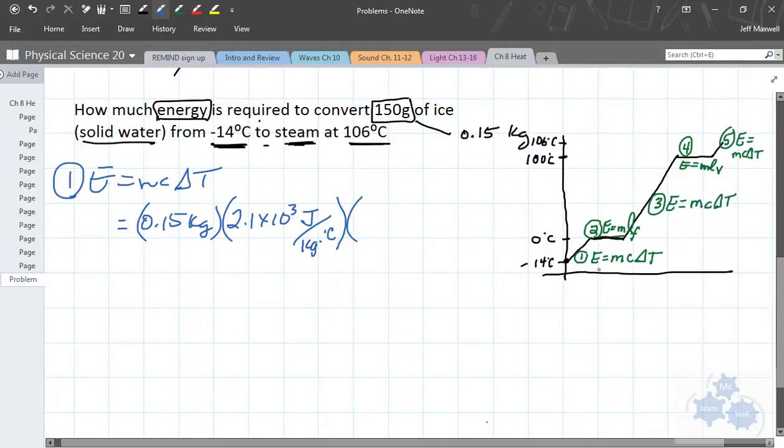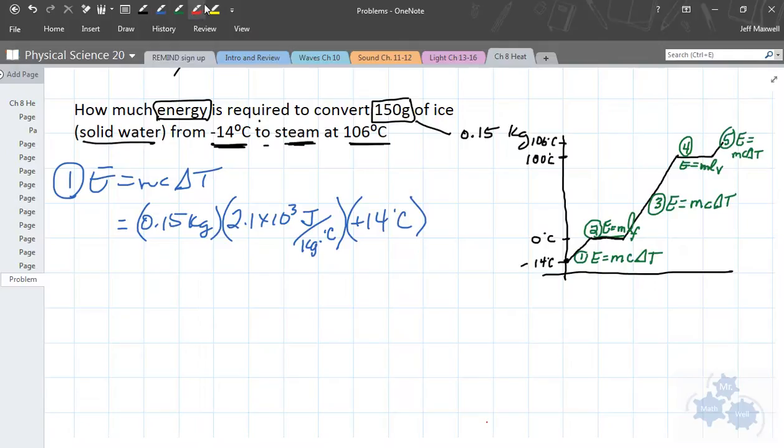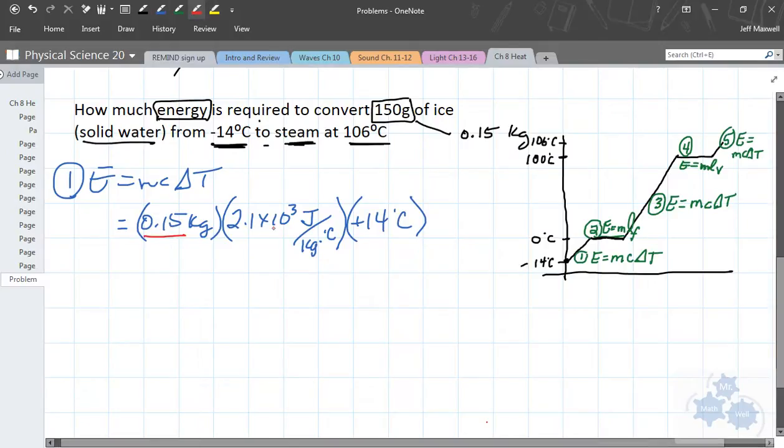And what's the temperature change here? 14 to 0 is going to be positive 14. Good, we're heating up, so we want a positive energy. 14 degrees Celsius. Awesome. So these are the numbers we're looking at here. Let's double check to make sure the units line up. We've got a kilogram on top, kilogram on bottom. Those are gone.